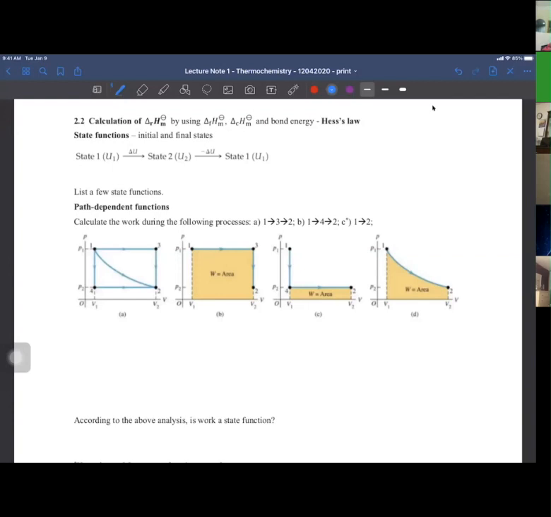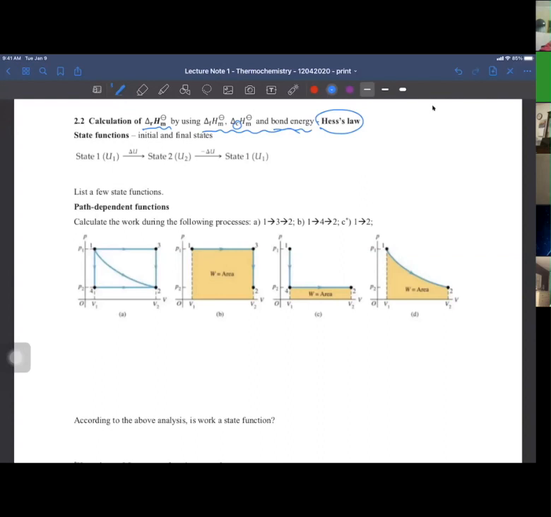So the next topic is about the calculation of the ΔHr, which is the enthalpy change for reaction, by using different molar enthalpies, such as the formation, such as the combustion, or even using the bond energy. And the principle behind this kind of calculation is called Hess's law. We are going to talk about this later.